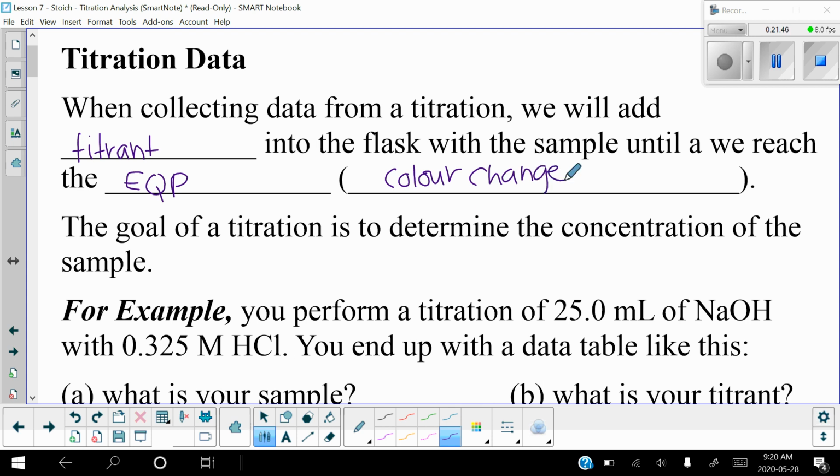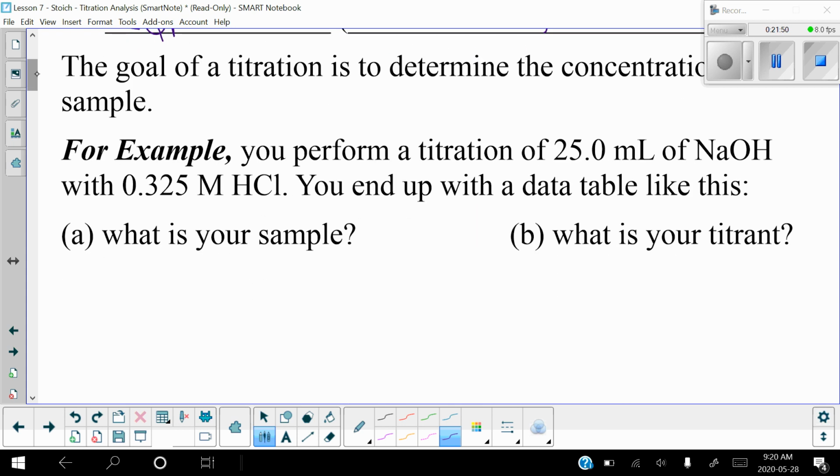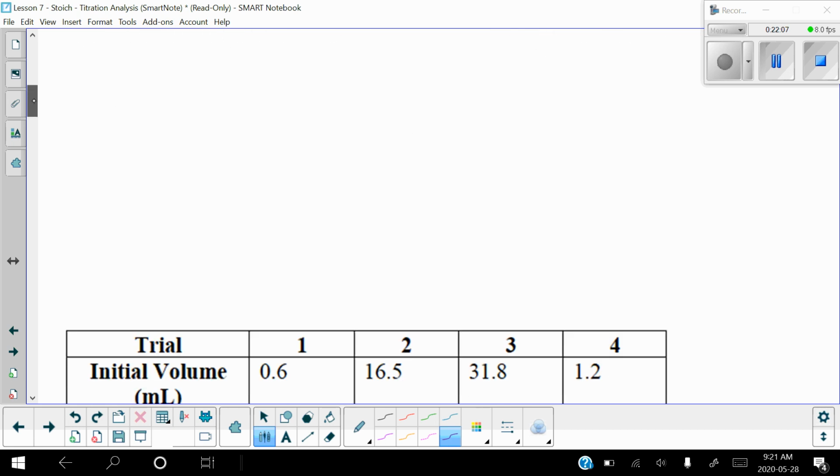The goal of a titration is to determine the concentration of the sample. So let's do an example. For example, you do a titration of 25 milliliters of NaOH with 0.325 HCl. You end up with a data table like this.